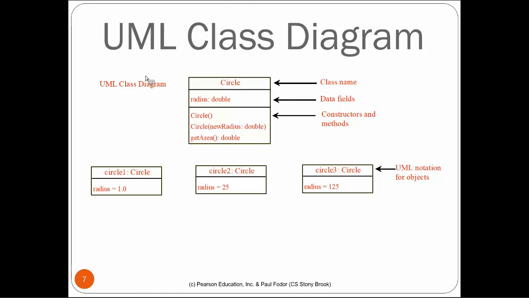Okay, so in these class diagrams in UML we have two types of diagrams, classes and objects. And here we have the class definition. The class definition always starts in a rectangle with the class name separated from the data fields.